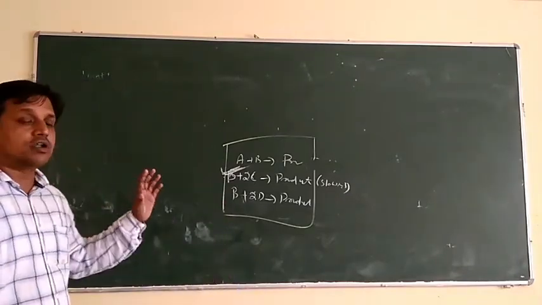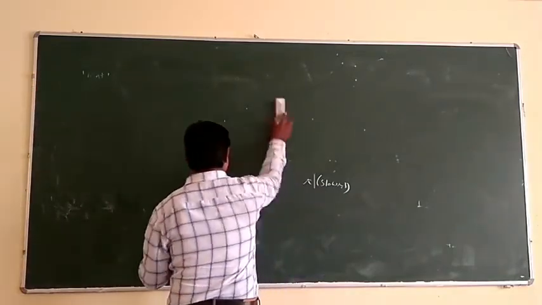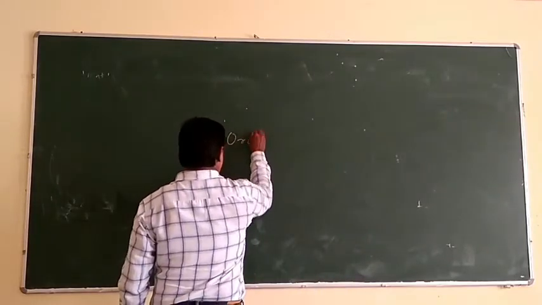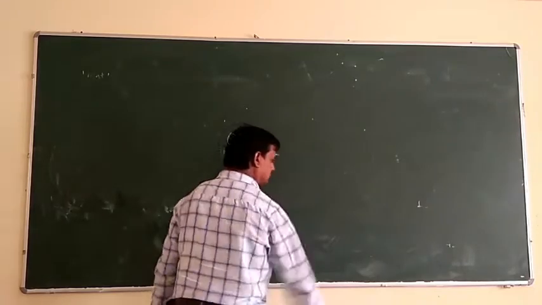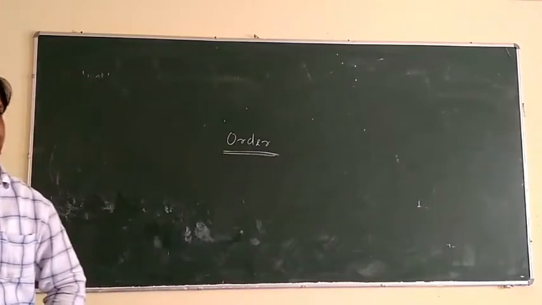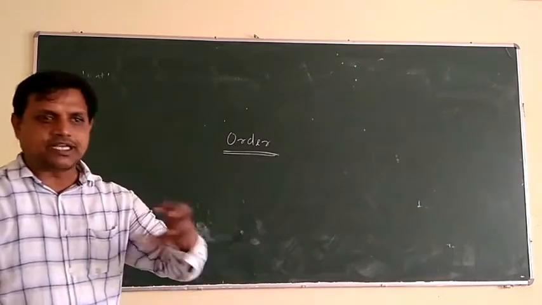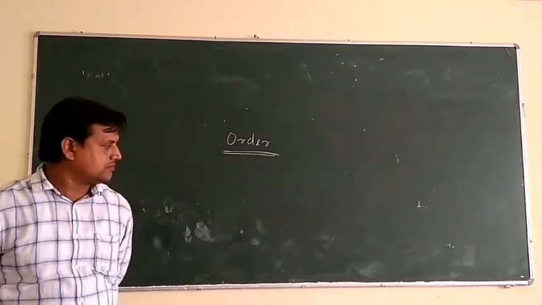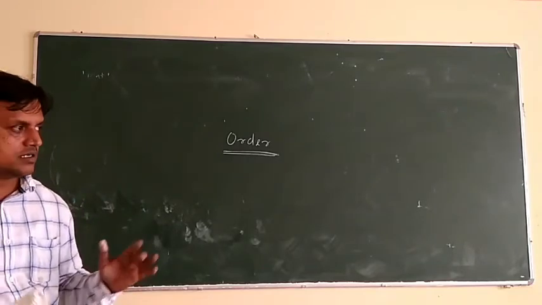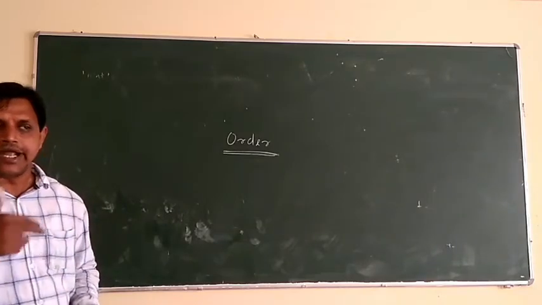Then we will go for order of a chemical reaction. Molecularity refers to the number of molecules colliding with each other. But order of a chemical reaction depends upon the experimental parameter. It is an experimentally determined quantity.